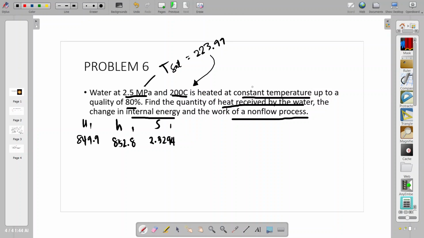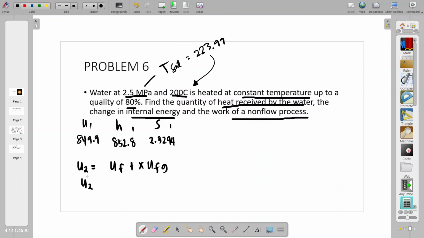Constant temperature, so still 200 C, but 80% quality. Okay, 80% quality. Let's go to table 1 now. Let's get it at 200 degrees. There, 200 degrees. Then let's get U2. Okay. U2 is of course Uf plus x Ufg, right? So, we just apply it at 200 degrees Celsius.